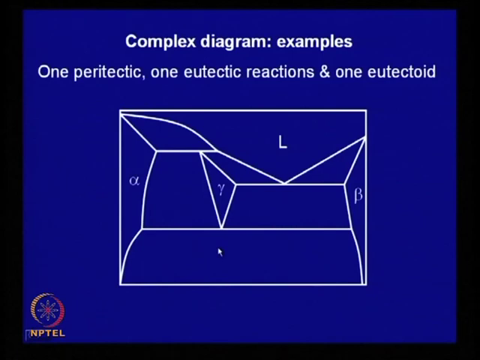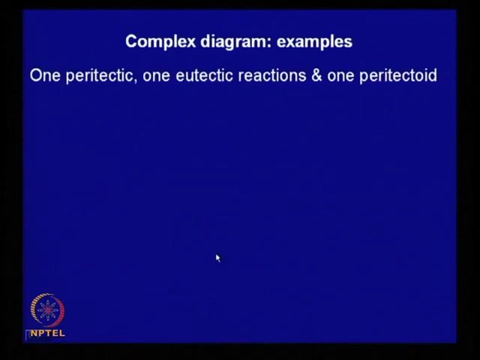Now, when we look up some of the real systems, you will see that in some cases you have diagrams very similar to this kind. So, we have looked at eutectic, peritectic, monotectic, eutectoid. Let us try and draw a diagram where there is one peritectic, one eutectic and one peritectoid reaction.